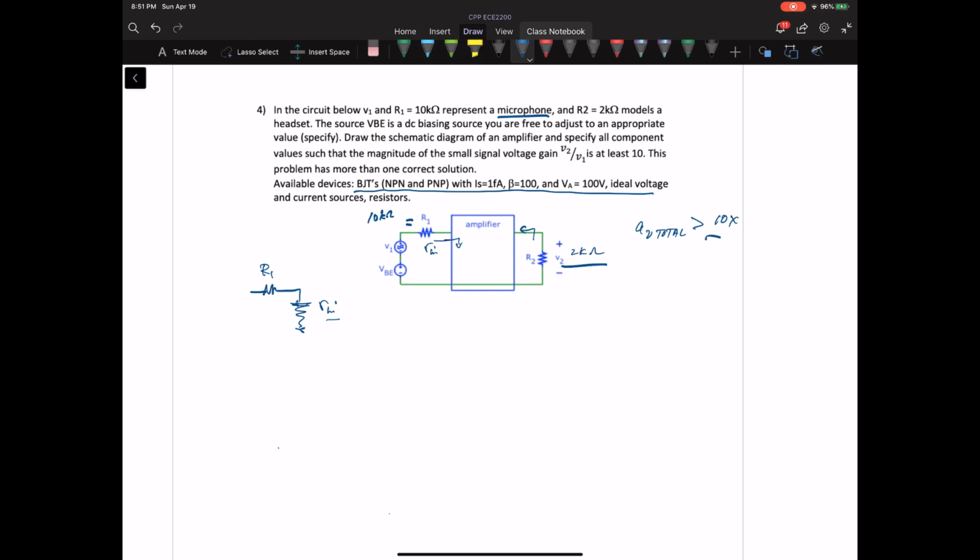And then we know we need a gain of 10. But we're also given a bunch of freedom, which is that they haven't limited us to any kind of power consumption. And they haven't limited us to any kind of transistor count or component count or anything like that.